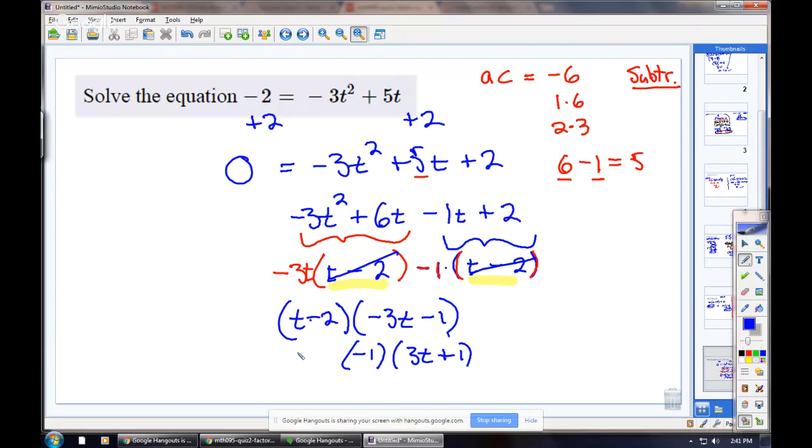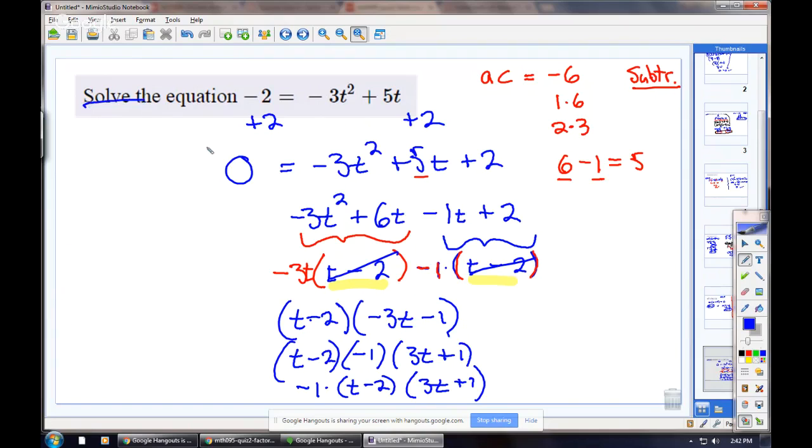I still have the factor of t minus 2. And it doesn't matter what order you sort these suckers out, so I could say this is -1 times t minus 2 times 3t plus 1. So now it's factored completely.